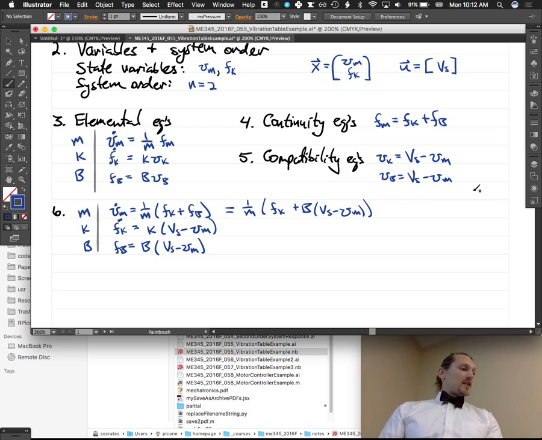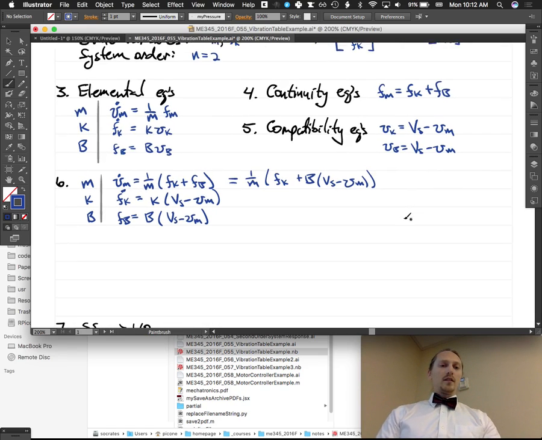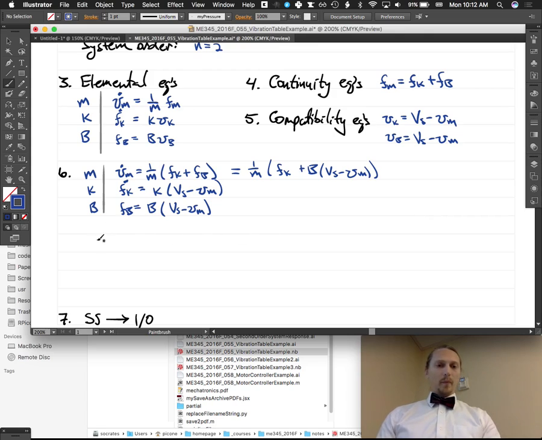All we need to do is write them in standard form, so let's go ahead and do that. X dot equals A, which is going to be a what by what? 2 by 2, multiplying X, which is Vm, Fk, a 2 by 1, plus, what is the B matrix? 2 by 1 times U, which is a 1 by 1.